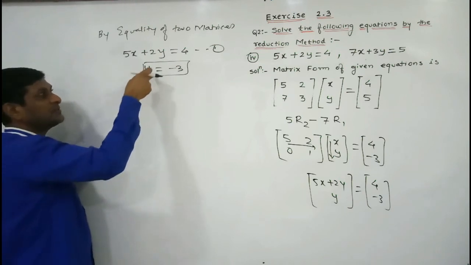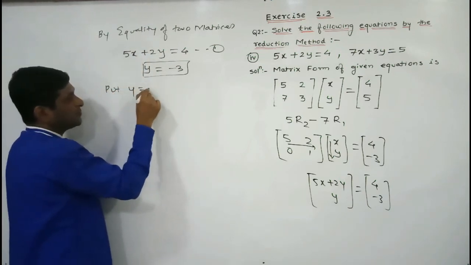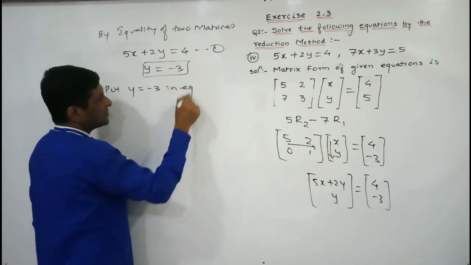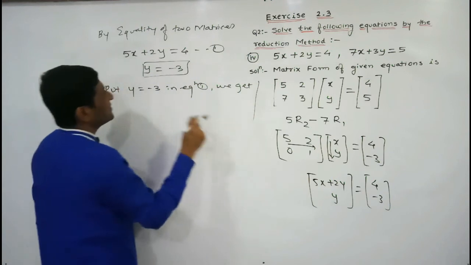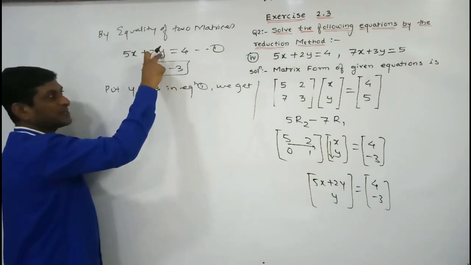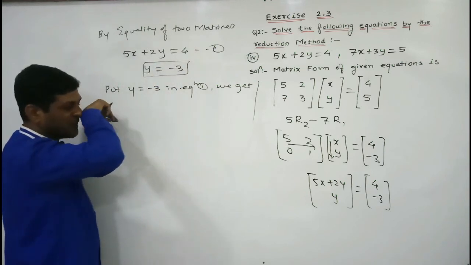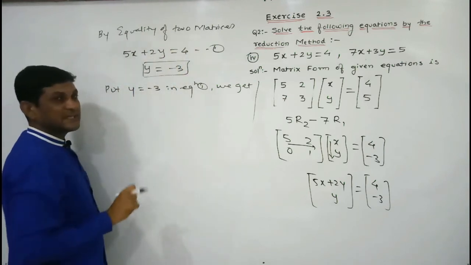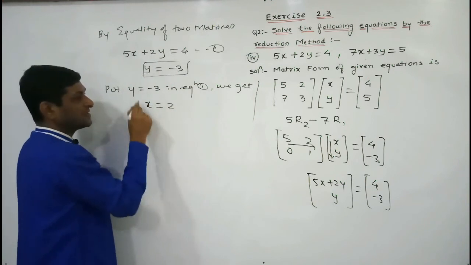Now substitute this value of y in equation number first. So put y is equal to minus 3 in equation first. Let us see what we will get here. If I substitute y is equal to minus 3, into 2 is minus 6. Minus 6 on this side will become plus 6. 4 plus 6 is 10. So 5x is equal to 10, which implies that x is equal to 2.